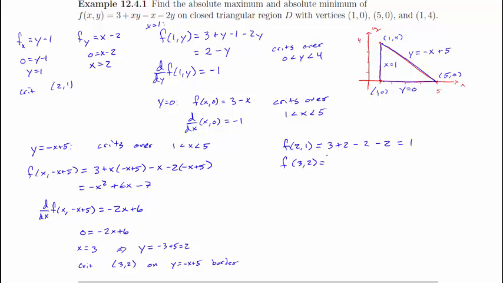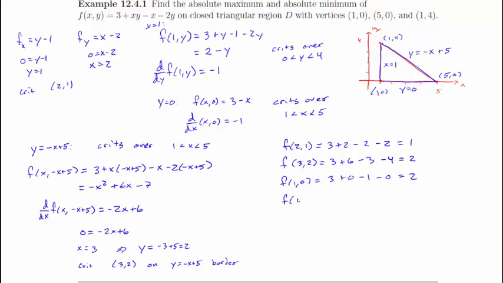This equals 3 plus 6 minus 3 minus 4, which equals 2. And then we want to plug in the corners of the domain that we're looking at. So f of 1, 0 is going to be 3 plus 0 minus 1 minus 0, which equals 2 again.